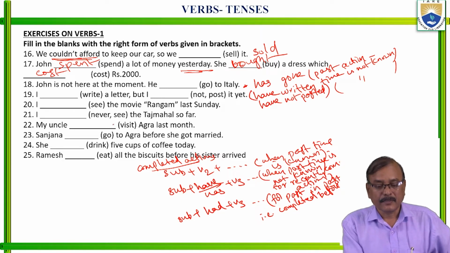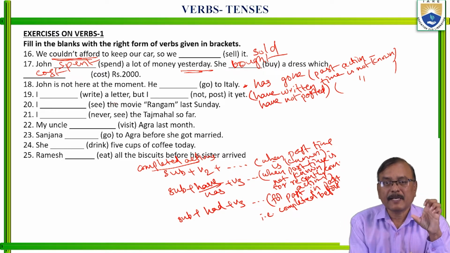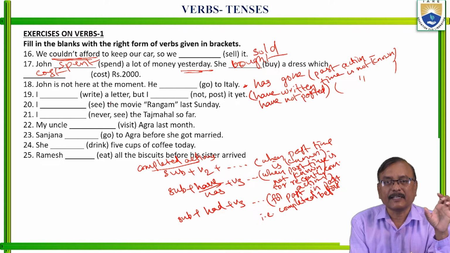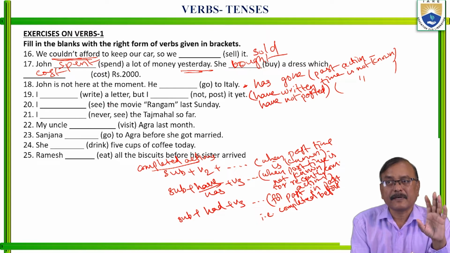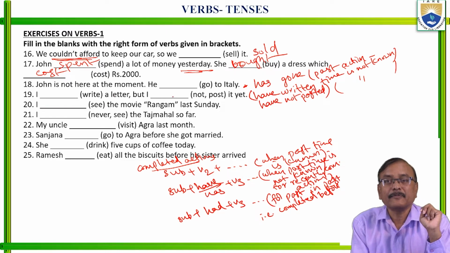So next one. I have written a letter. I am not mentioning the past time. If I mention past time, okay, I wrote a letter yesterday. I wrote a letter 2 days ago. Like that, if I mention past time. Is it clear? But I am not giving importance to past time. I am giving importance to only its result. So I have written a letter, but I have not posted it yet.